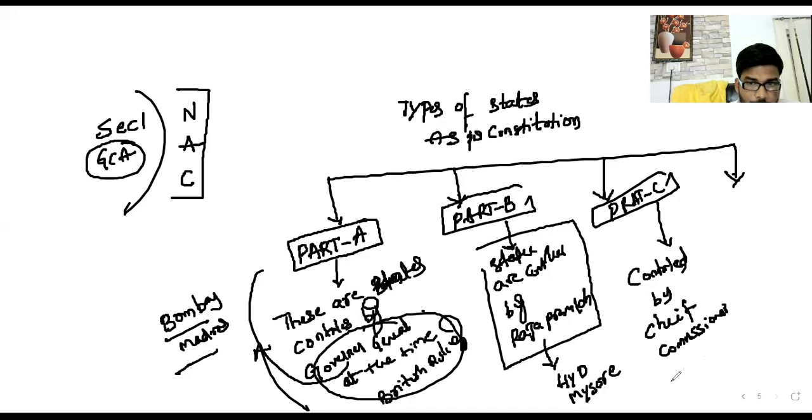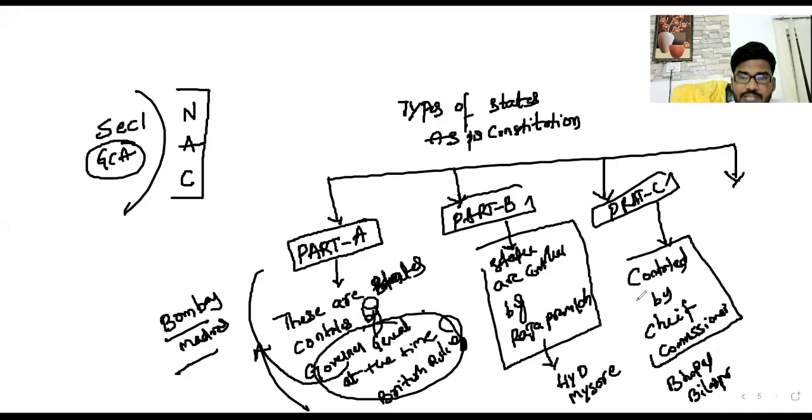First example, Bhopal, Bilaspur. The Chief Commissioner is one person appointed by the Governor of the provinces. The Governor can appoint the Chief Commissioner. States controlled by a Chief Commissioner are called Part C states.